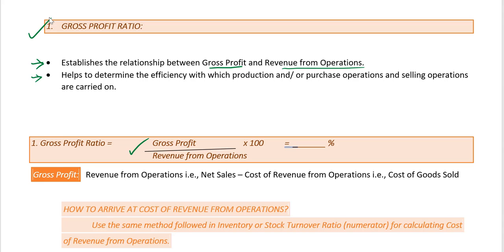To get the ratio, gross profit multiplied by 100 divided by revenue from operations. The answer will be in percentage.